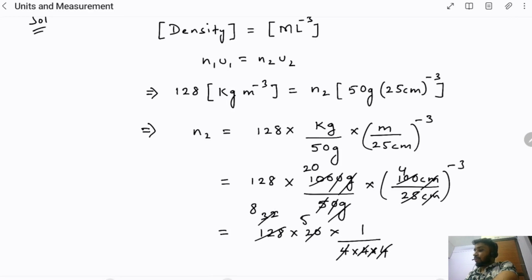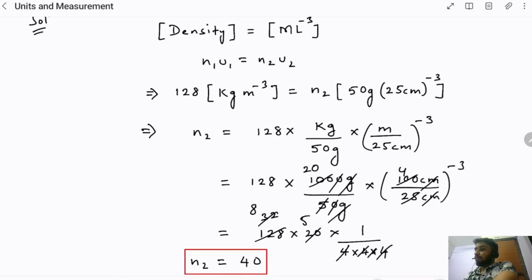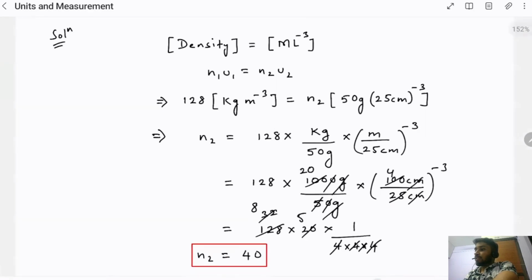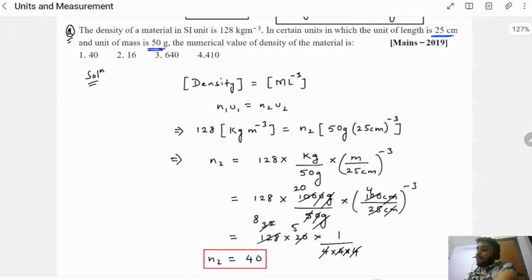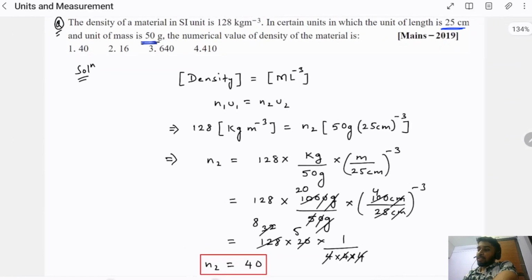So 8 into 5 becomes 40. Okay. So N2 value will be 40. So the value in the new hypothetical unit that they have created will be 40. So let us see which option we have. So we can clearly see here that the correct answer will be the first option. Okay.